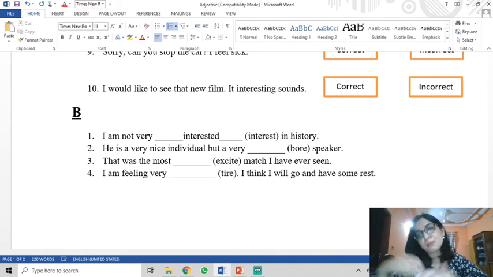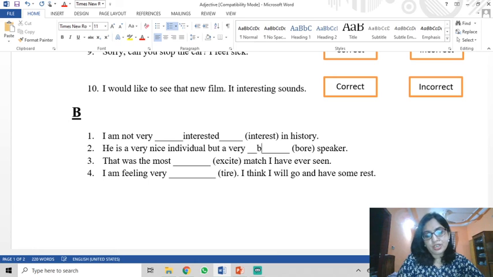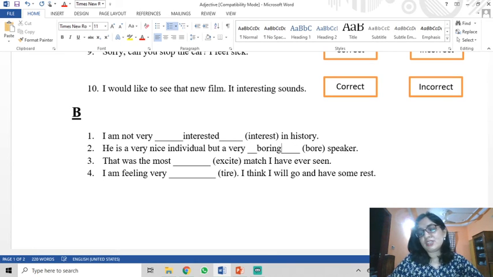He's a nice man, but a very dash speaker. So it means he's not very good in his speaking. So similarly, you would write, he's a very boring speaker. So the ing suffix would be added to make a certain adjective. This is not a verb, this is an adjective. So he's a very nice individual but a very boring speaker.